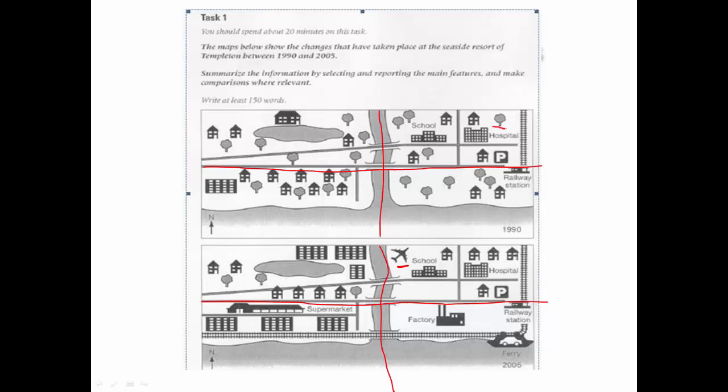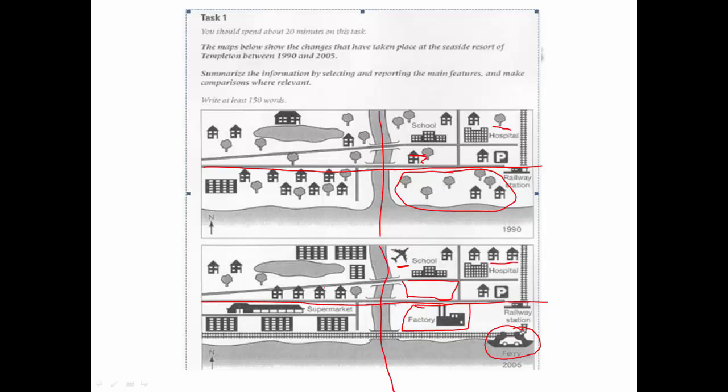We can see that they've removed this tree and replaced it with houses. And we can see that they have removed these houses. There's no house here anymore. We can also see that they have removed the trees and the houses from this area, and they have replaced them with a factory. They have also added a ferry port here.